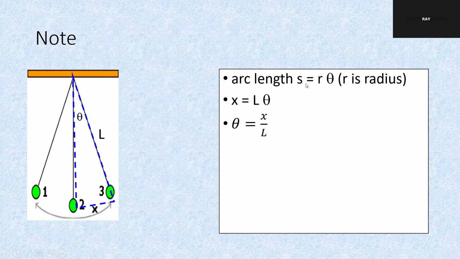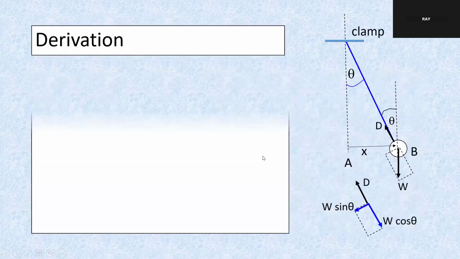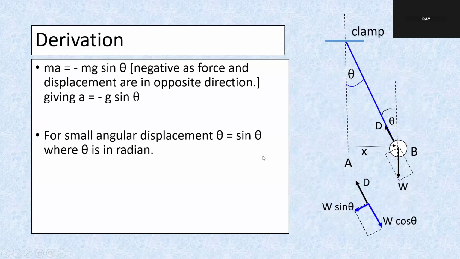Arc length is r theta, or in this case we use x, that distance there. L is the length from the suspension to the center of the bob. Theta is x over L. Using Newton's second law, resultant force ma equals minus mg sine theta.